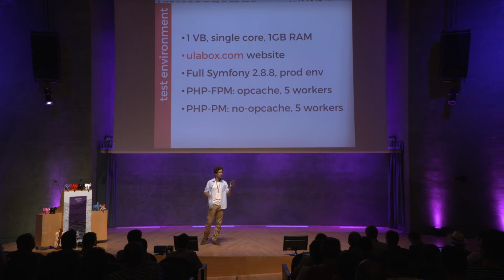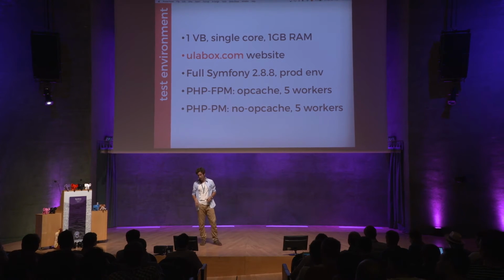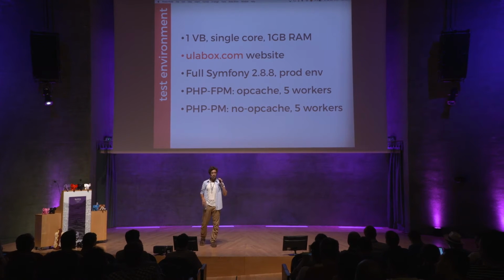This is one of the tricky things that everybody asks when you see PHP performance graphs. It's loaded with the best settings I could possibly work out for PHP-FPM, 5 workers. And again, comparing to PHP-PM, the name is a little bit similar. There's no Opcache needed here.